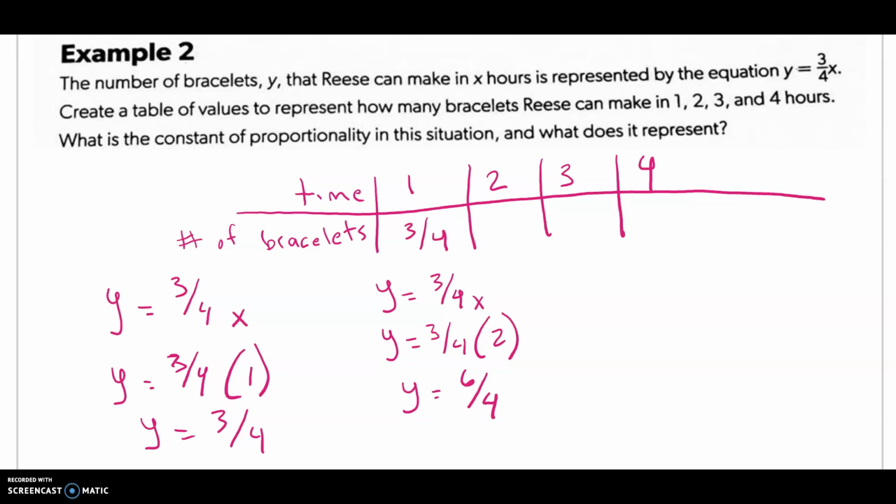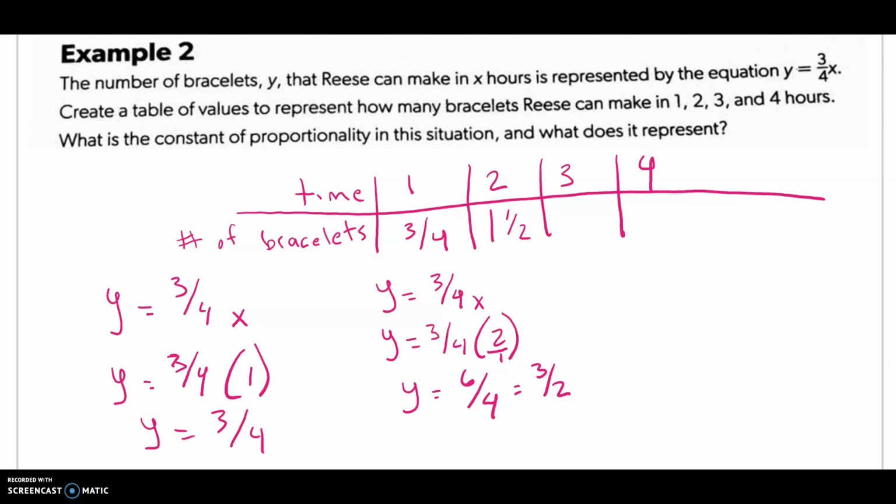And if you remember, a whole number is just that number over 1, so 2 over 1. So 4 times 1 is 4. That can be simplified to 3 over 2. And if you turn that into a mixed number, you will have 1 and a half, because 2 goes into 3 one whole time, and you would have 1/2 left over.